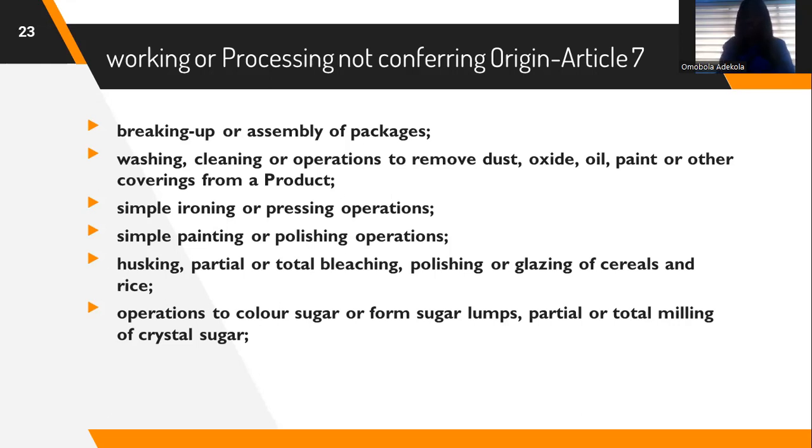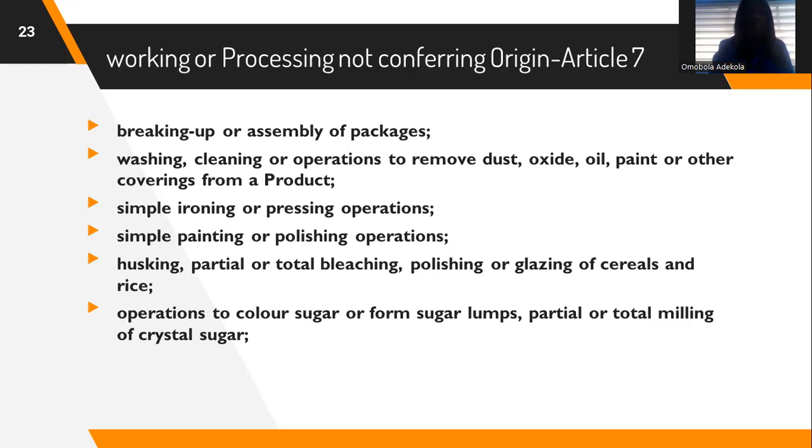That does not confer origin on the product, so it doesn't confer preferential treatment. If you are just doing simple ironing or pressing operations for export, that will not qualify for preferential treatment either, so it doesn't confer origin.